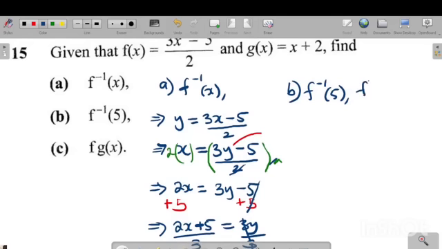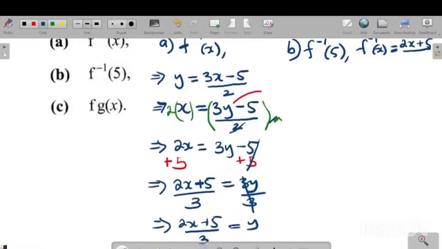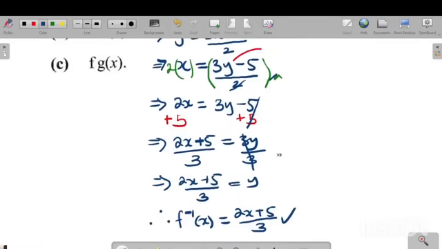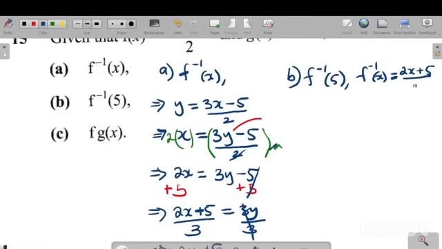So remember, f inverse of x is 2x plus 5 over 3, this one here, over 3. So now when they write like this, it means that in this function, f inverse of x, wherever there is x, you substitute a 5.